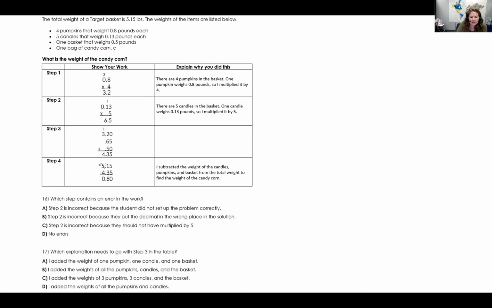All right. So let's check to make sure step 1 is correct. There's 4 pumpkins that are 0.8 times 4. It doesn't matter if you put the 4 on top or bottom. So when I multiply, I get 32, but then I have one number behind the decimal. So this one's right. 5 candles that weigh 0.13 times 5.